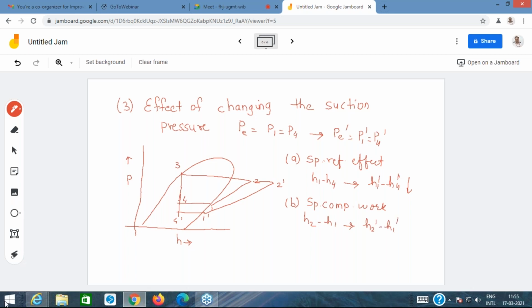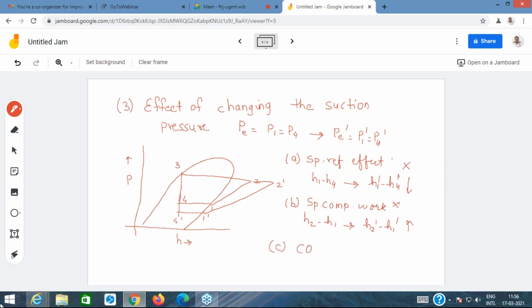So if you look at both these things, they are not favorable. That is, the decrease of the specific refrigerating effect is not desirable, and the increase of the specific compressor work is not desirable. Meaning that lowering of the suction pressure is going to decrease the coefficient of performance.